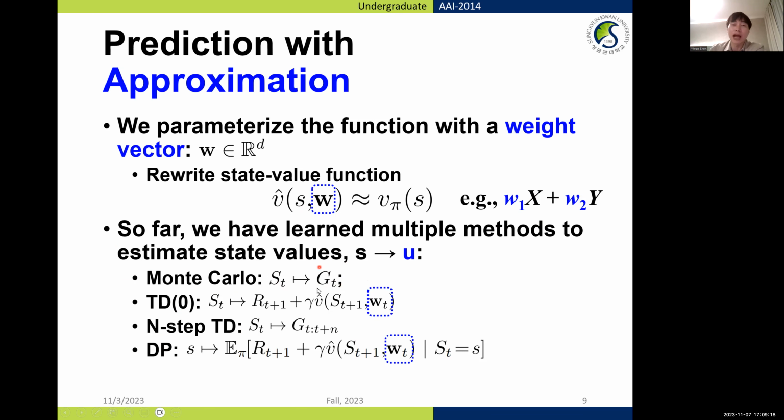At the end of the episode, we update the state value with the return. Inside G_t, there is a w, though it isn't shown here. For TD(0), we are showing here that instead of directly using the state value, we parameterize it. Similarly for the others.